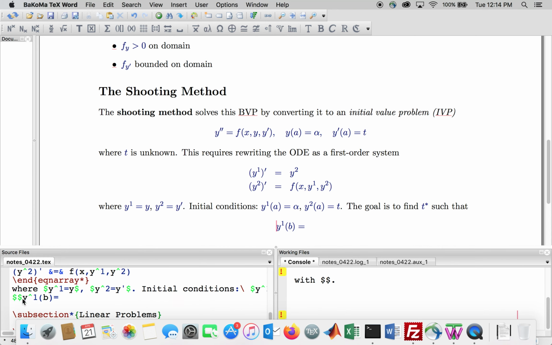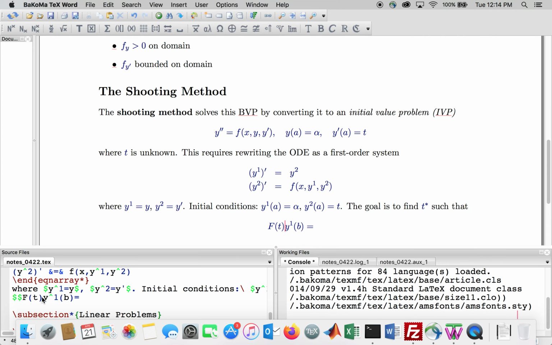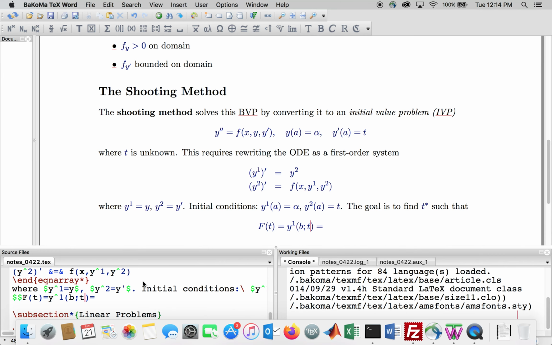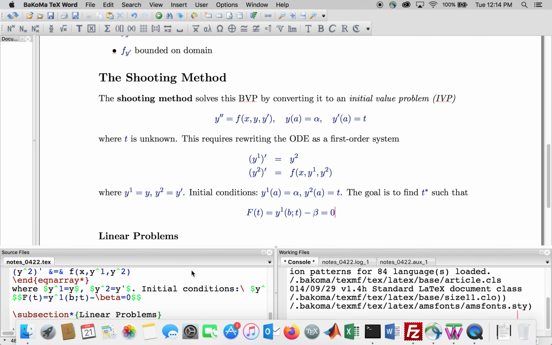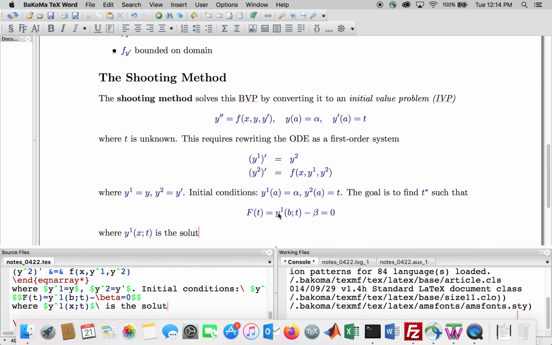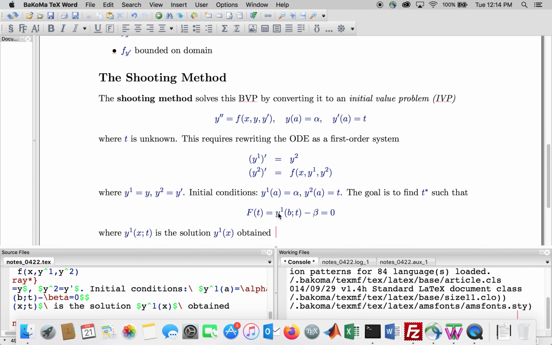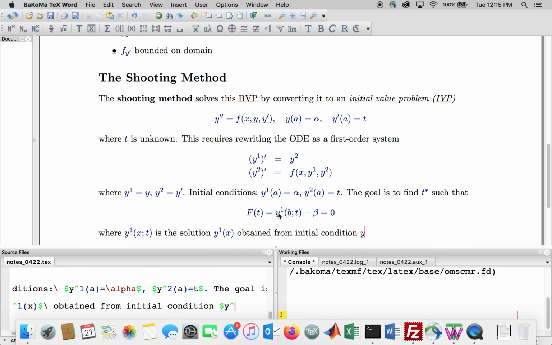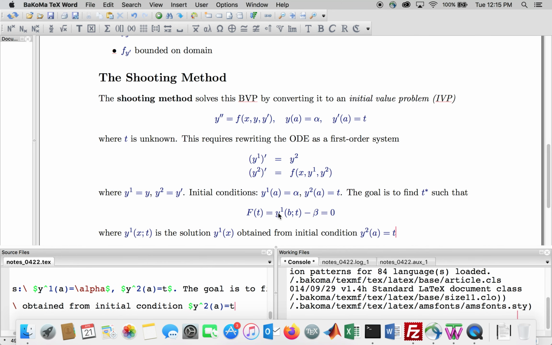I'm going to let this solution y1 have a parameter, t is a parameter. I'll write it down here, where y1 at b of x, t is the solution obtained from the initial condition y2 of a is equal to t.